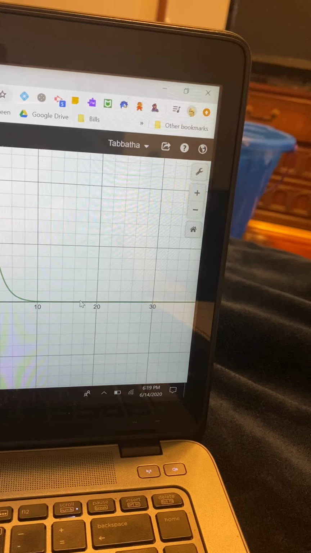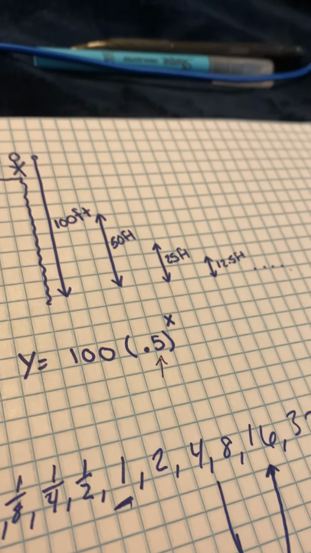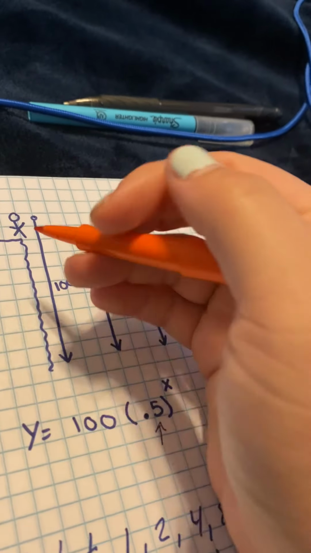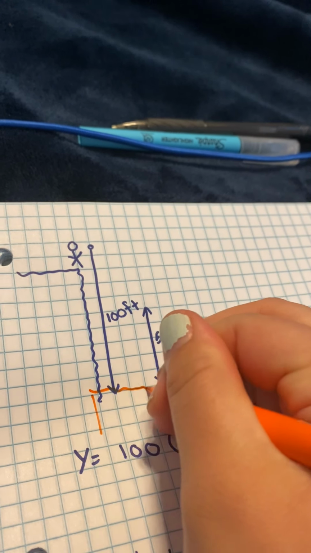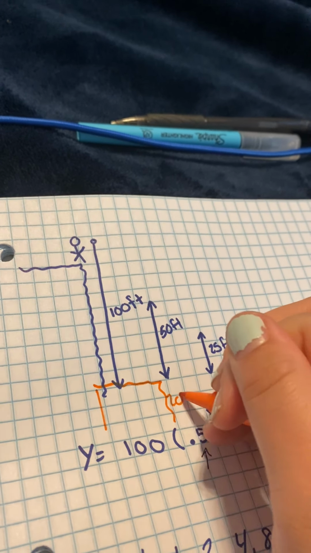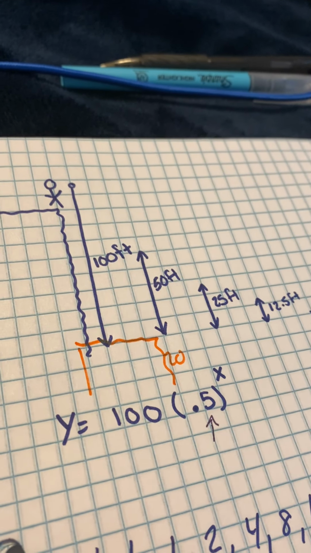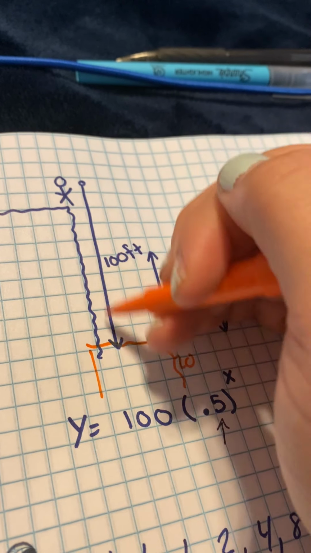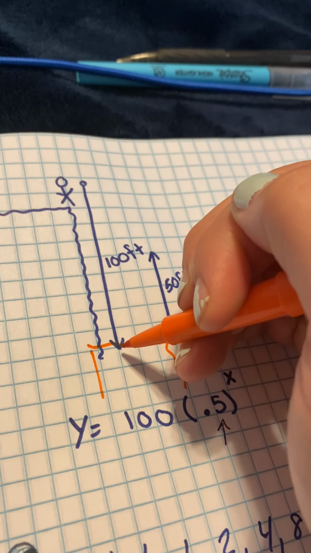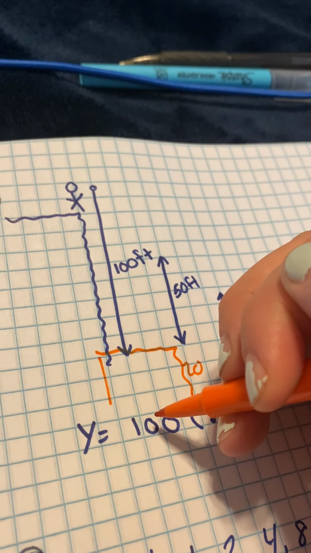Can the asymptote be a different number? Well, of course. So let's look at this rock problem again. Let's say instead of coming down and hitting the ground, it hit a second cliff that is 20 feet above the ground. Well, if it's hitting this cliff, so it's coming down, bouncing, going back up and down, bouncing here, it's never going to fall off that second cliff.